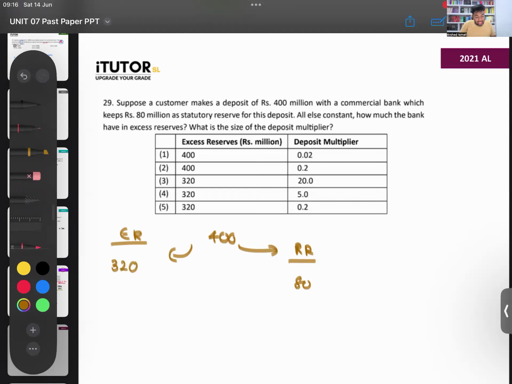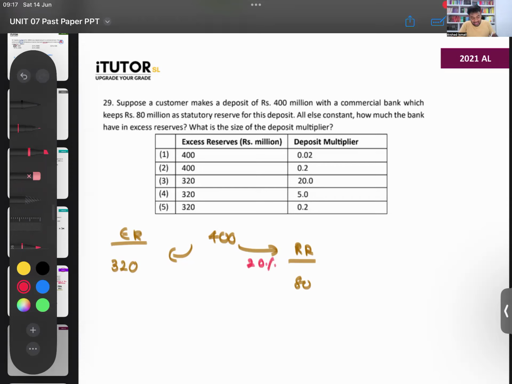Okay. And then they're asking you, what is the deposit multiplier? So how much is your SRR? From 400, they kept 80. What percentage did they keep? 80 over 400 into 100 if you want a formal equation. Practically you should be able to figure this out. They have kept 20%, no? 400, 20% is 80.